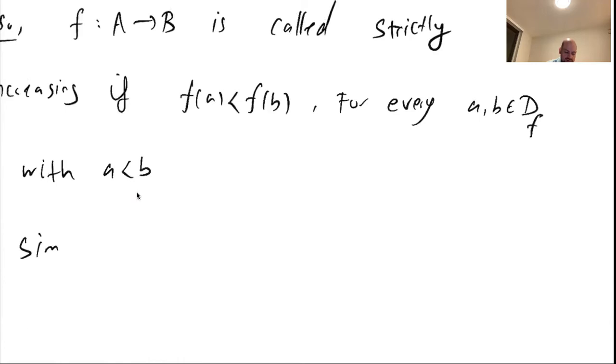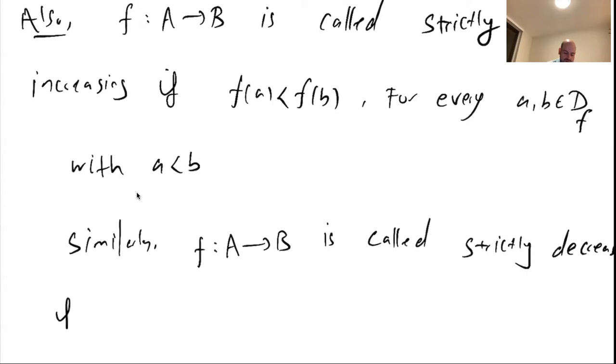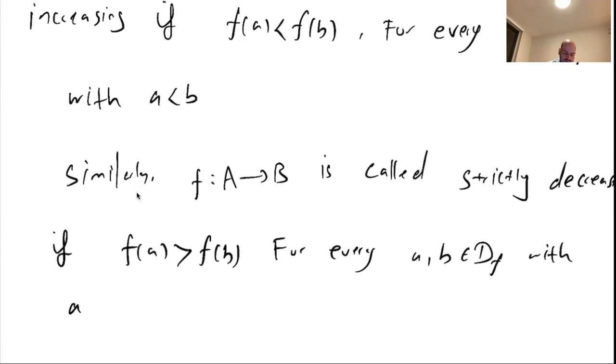And similarly, f from A to B is called strictly decreasing if f(a) is bigger than f(b) for every a and b in the domain of f with a less than b.